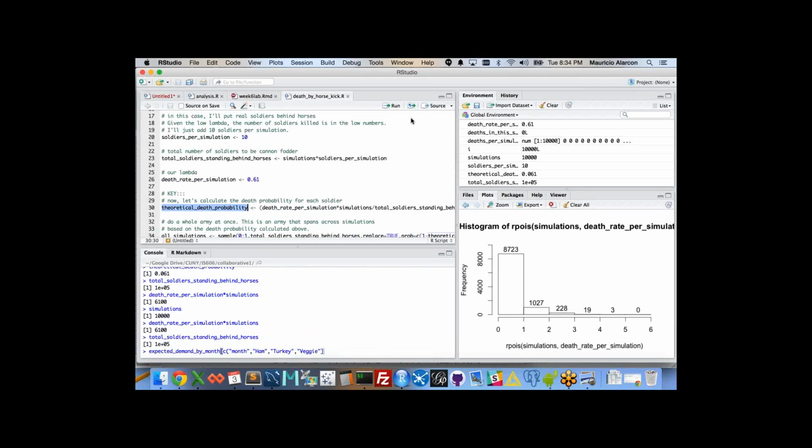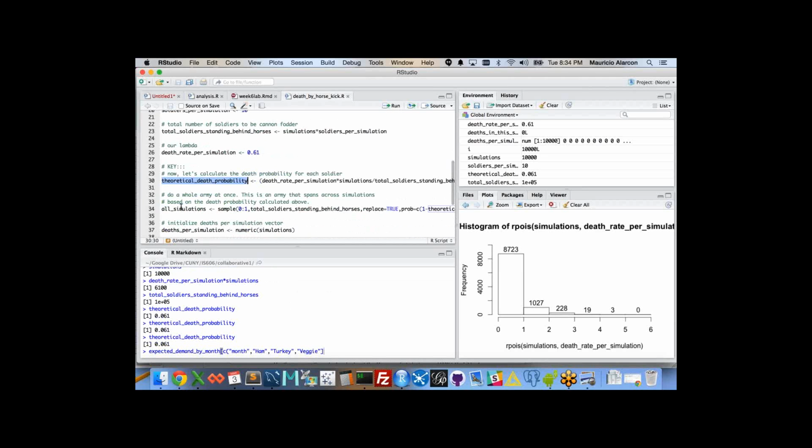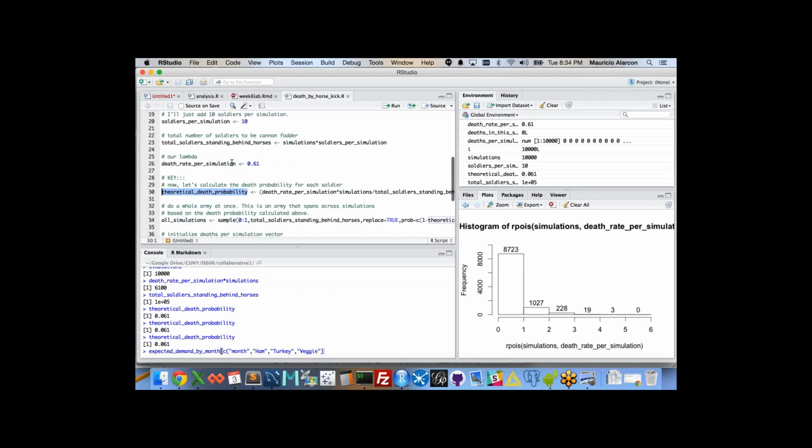That gives my theoretical death probability on a per soldier basis. Remember, I'm going from a lambda that's per corps year to a probability per soldier, and from here on, my problem just becomes a binomial problem. I end up with a theoretical death probability of 0.061 per soldier.